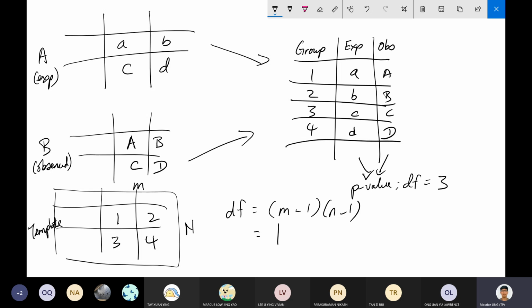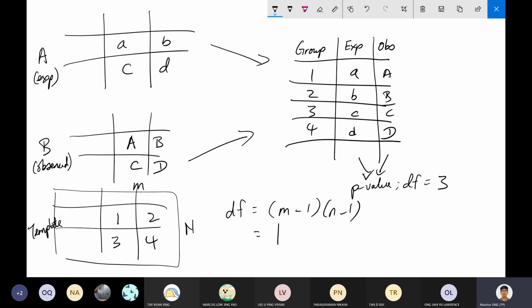So if you have a 3 by 3 contingency table, what's the degrees of freedom? 3 minus 1 times 3 minus 1 is 2 times 2, which is 4. So don't mess it up. Okay, that's all about contingency tables.